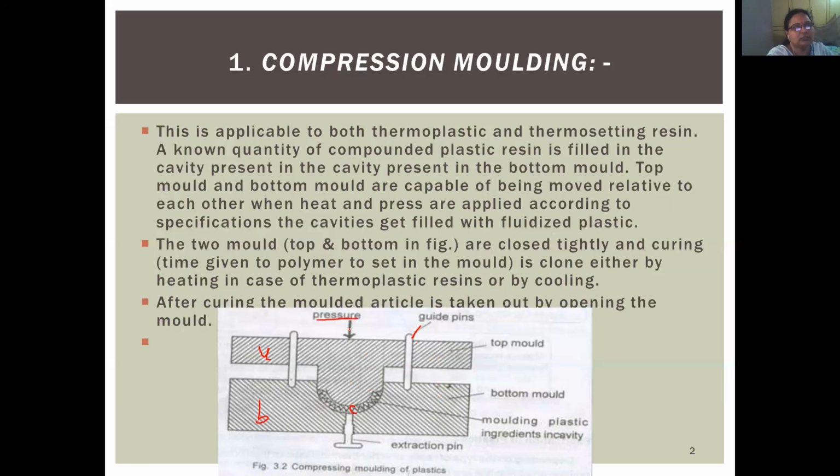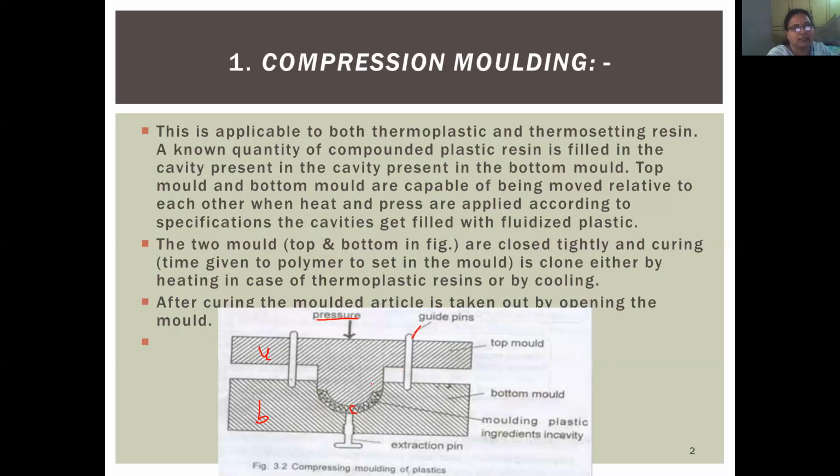Heat and pressure are applied, and this cavity will be filled with the plastic ingredient. Suppose you want to make polyethylene, so ethylene will be filled here. And then you close it with the help of these pins. You close the top and bottom mold, and apply heat and pressure.